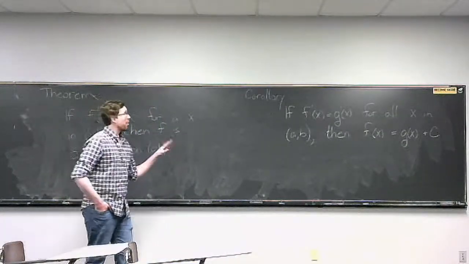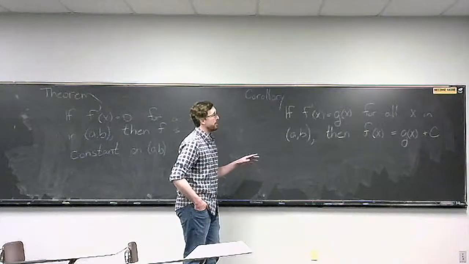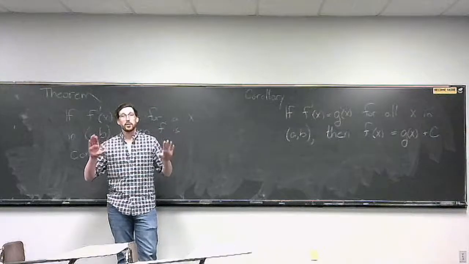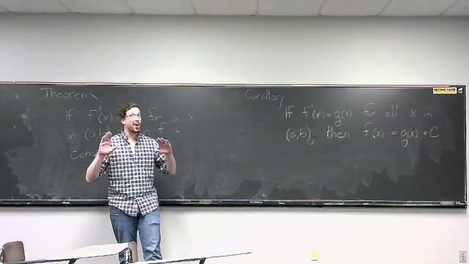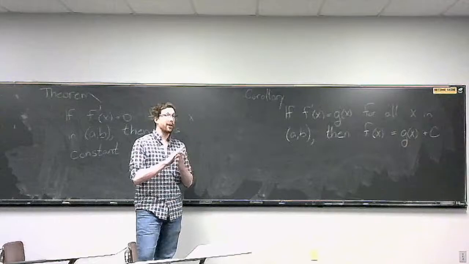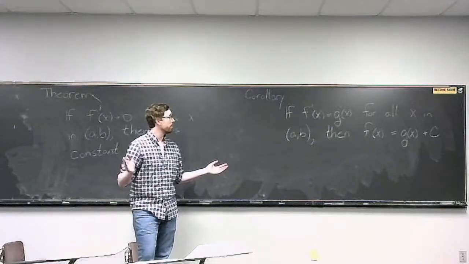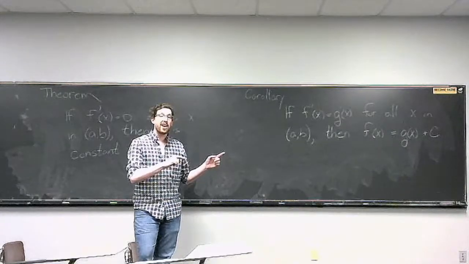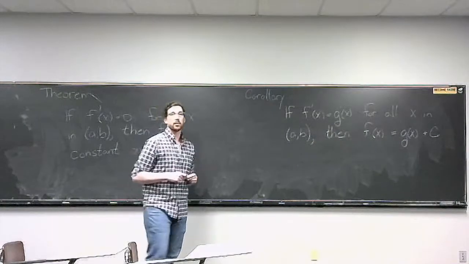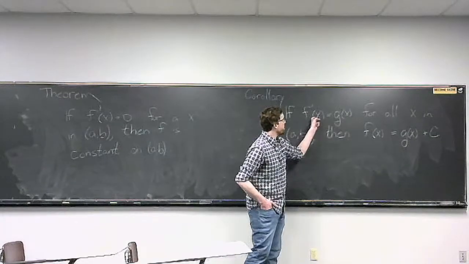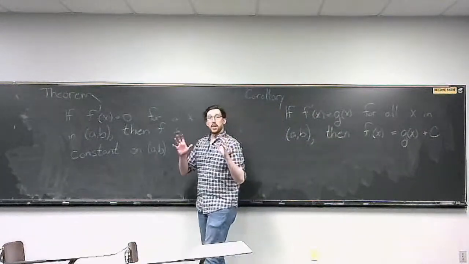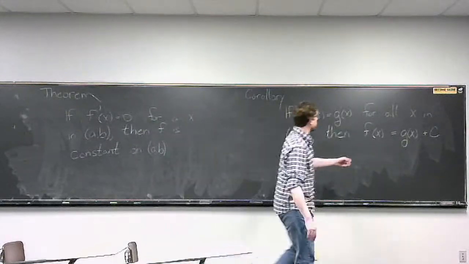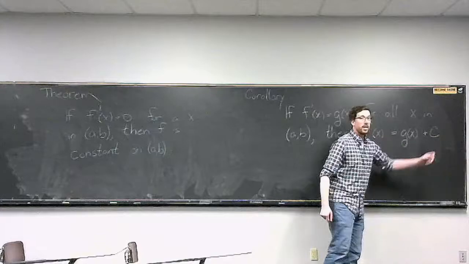Now, this corollary says that if you have two functions whose derivatives are identical on some interval, then those functions at most differ by a constant. In other words, if f prime is equal to g prime on some interval, then the only difference between f and g is a constant.